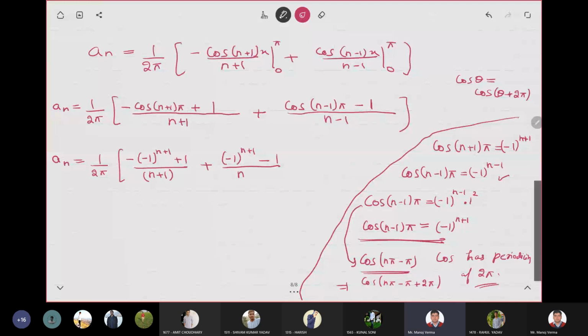You have to understand that cos (n minus 1)π I am writing as (minus 1) raised to the power n plus 1. If you write minus 1 raised to the power n minus 1, then we cannot simplify this expression.